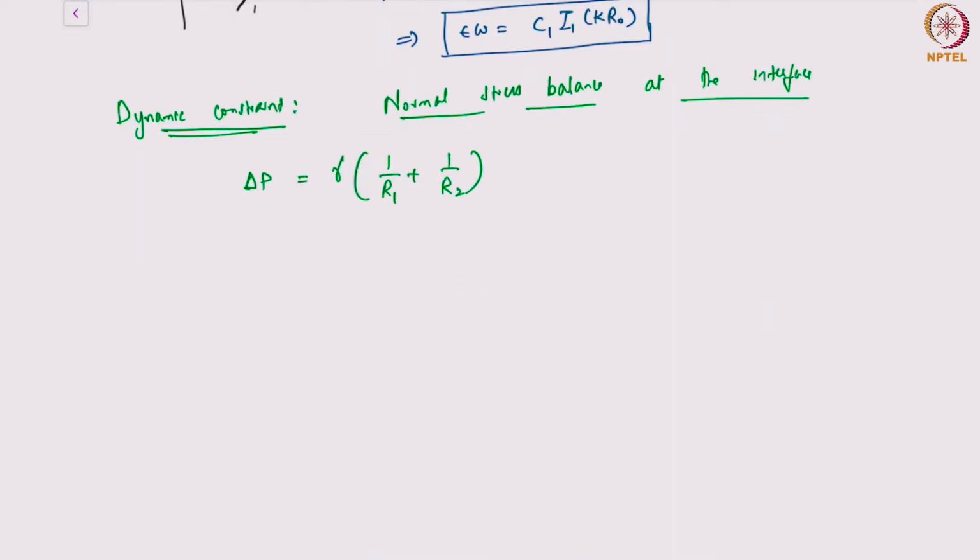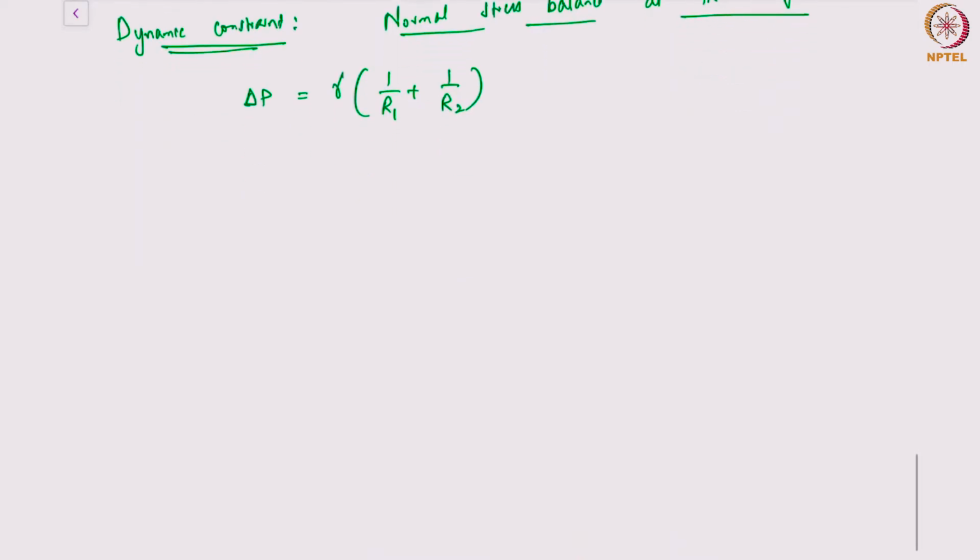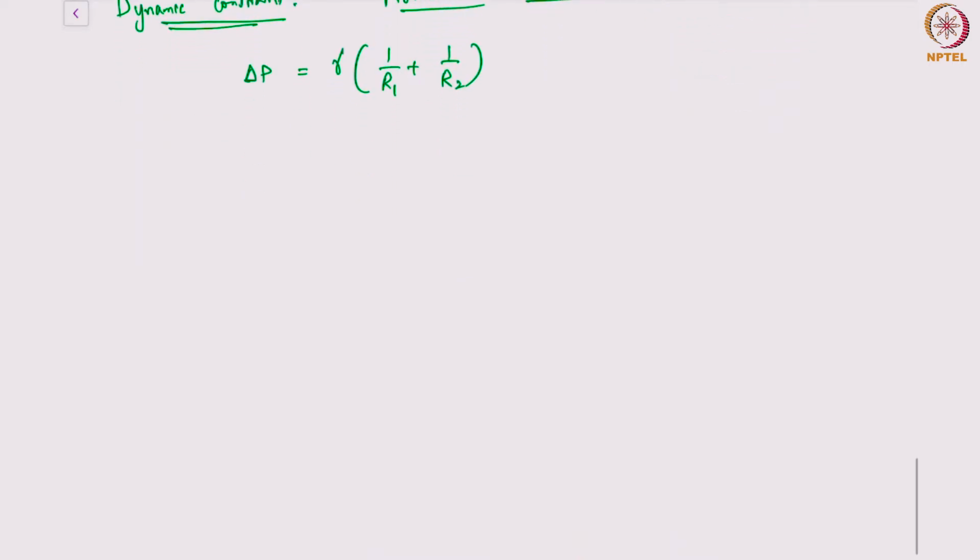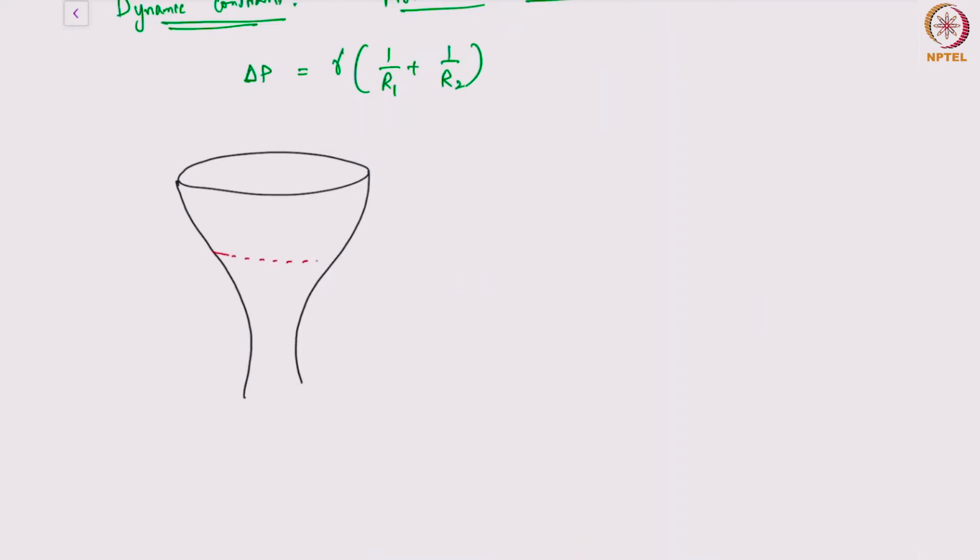Now, first we have to understand what is this R1 and R2. For this, I'll draw a slightly exaggerated interface. So let's consider an interface which is like this, like an hourglass shape. This is part of the varicose mode. Now, at any given point on the interface, I can draw two radii.